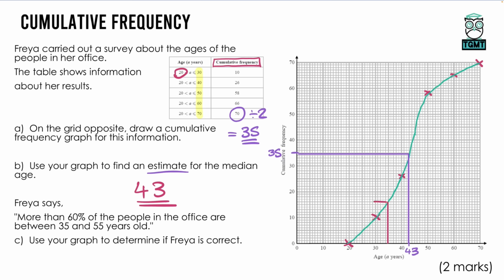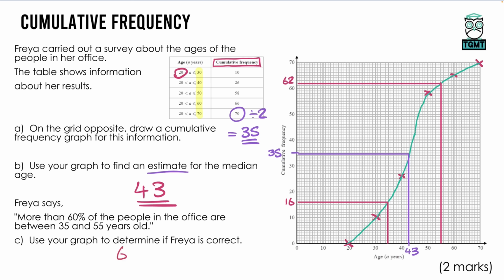So if I go across from there, again being really accurate here, there we go, that is 16. And then I'm also going to go up from 55, again trying to draw this as accurately as I can, but you want to make sure you use a ruler and a pencil for going across on these. And there we go, there's our next one, and that is 62.